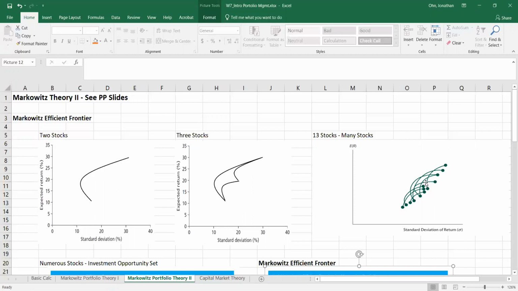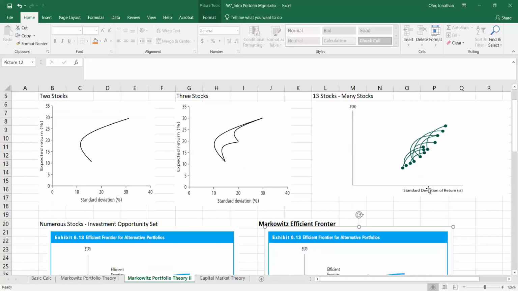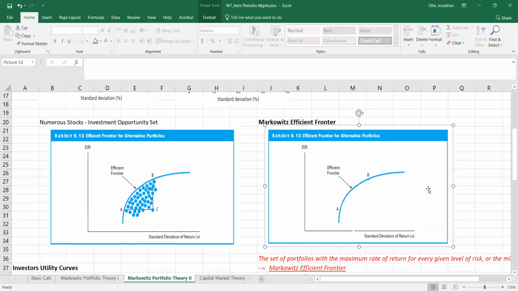If you have multiple stocks, in this case 13 stocks, any point on this combination is a possible investment. Actually, there should be this way too. This kind of combination should exist for every pair. If you have numerous stocks in your portfolio, like 100, 200 stocks, then it's kind of an umbrella-style group.